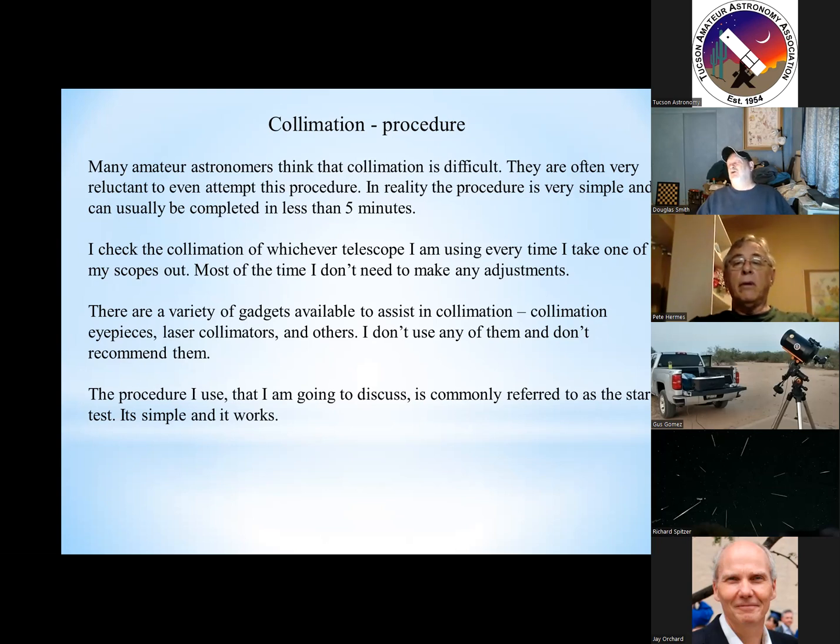They think this is a difficult procedure, and they're scared to touch anything related to the optics. In reality, this is not a difficult procedure. In fact, usually for most telescopes, it's less than 5 minutes to do. I check the collimation of every telescope I use every time I take a telescope out. When I go to a star party and I set up my Dobsonian, first thing I do is I check the collimation. It's very easy to check, and it's very easy to adjust it if it needs adjustment.